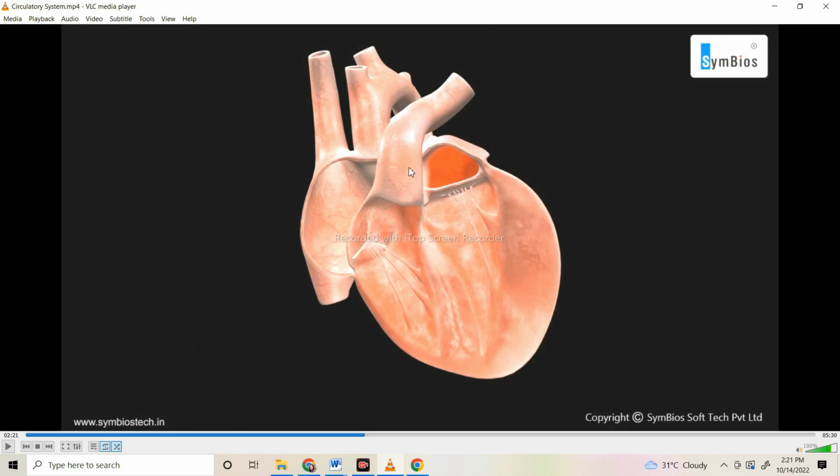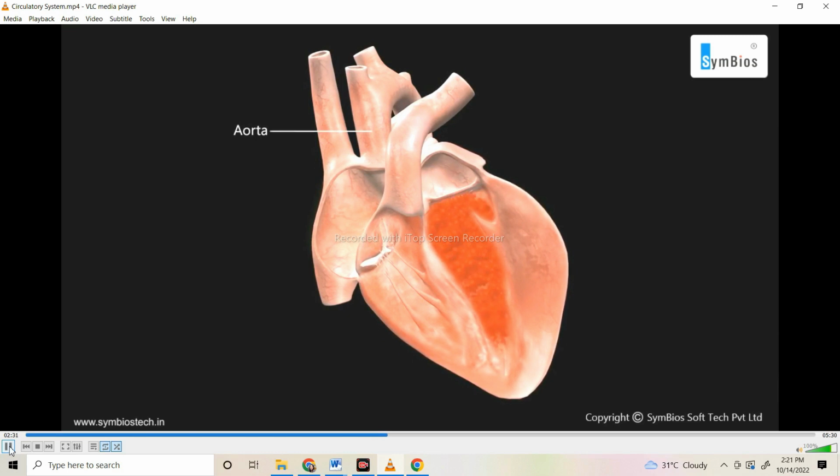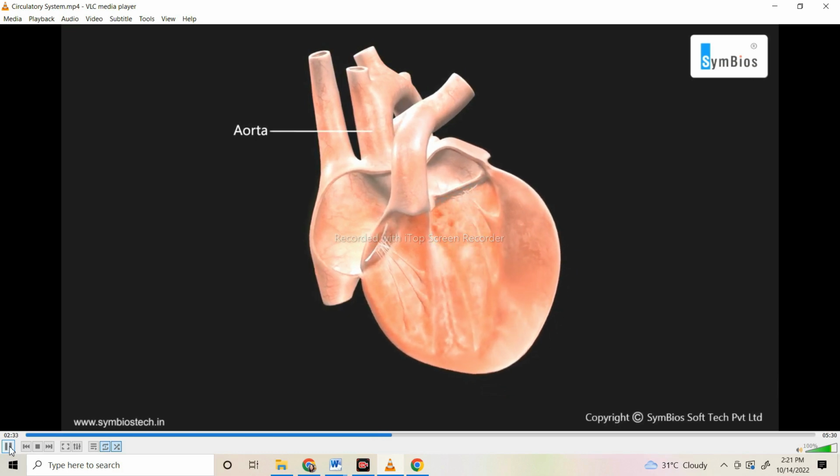Dito papasok sa left atrium. Then from the left atrium, ipapasa kay left ventricle. Then ilalabas ngayon dito kay aorta. From the lungs enters the left atrium and then the left ventricle. The left ventricle pumps the blood through the aorta to the rest of the body.